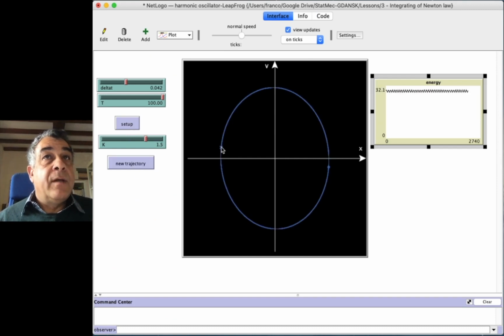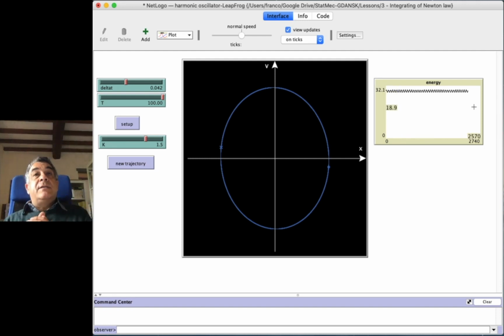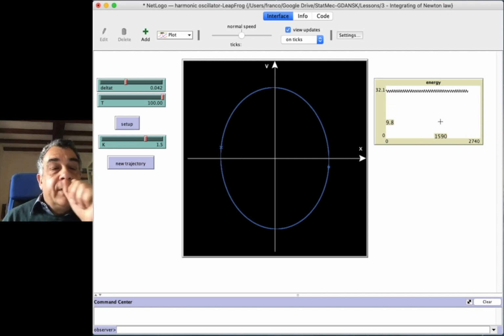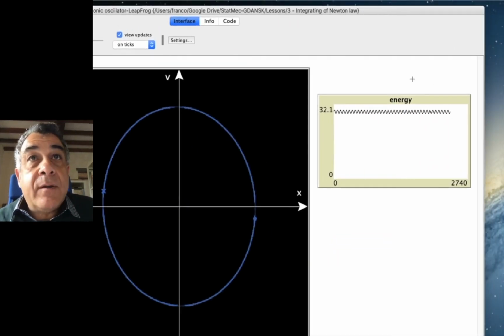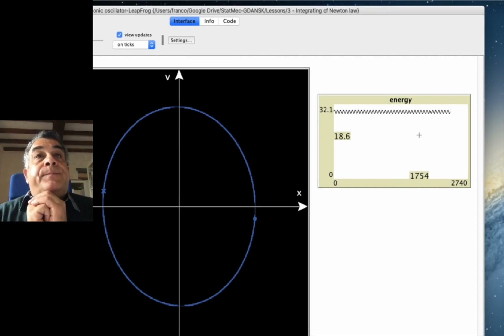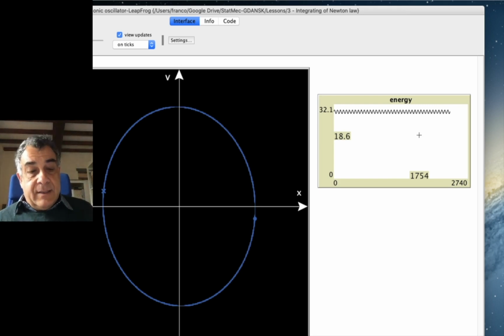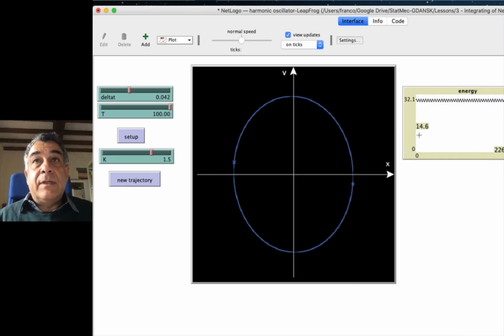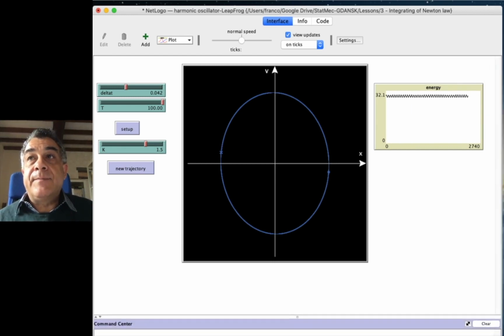Let me see if this works. Okay, so you can see here that actually energy is fluctuating, but the important point is that it fluctuates but stays on average constant, and this is one important point in simulating, because I don't want to have an unstable system.